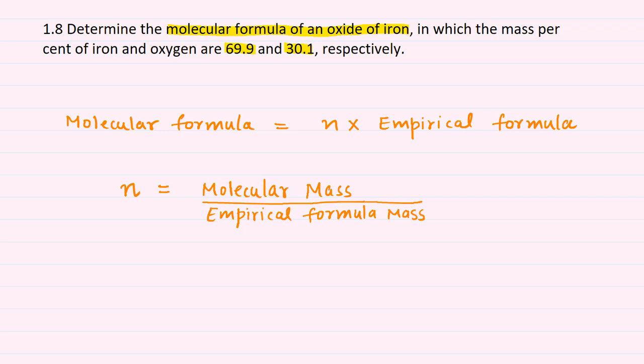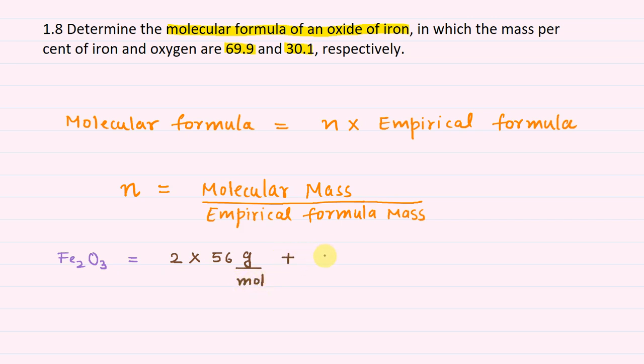Okay. So first of all, let us find out the empirical formula mass. We have empirical formula Fe2O3. Okay. So how can we find out this? We have two Fe atoms in our formula, and each Fe atom is having the mass 56 grams per mole. This is the atomic mass of iron.